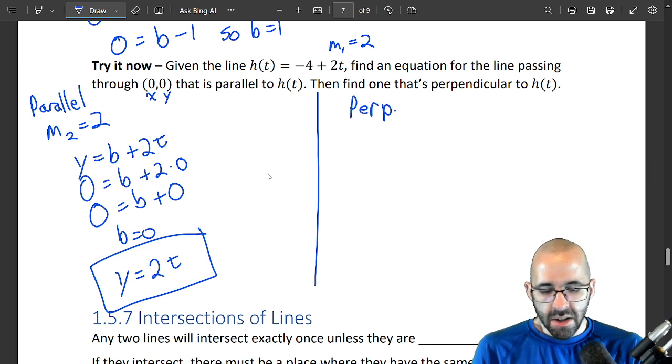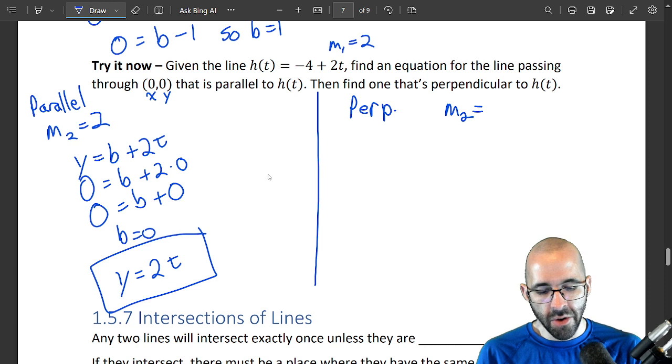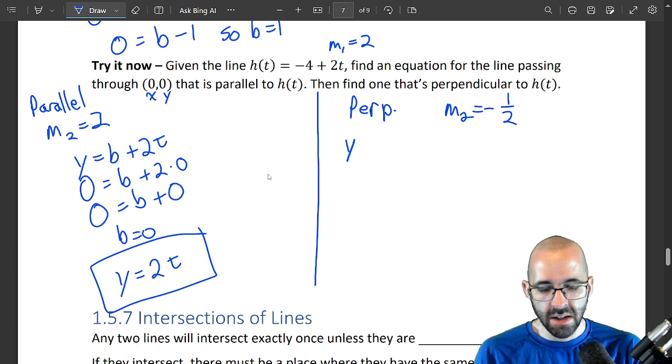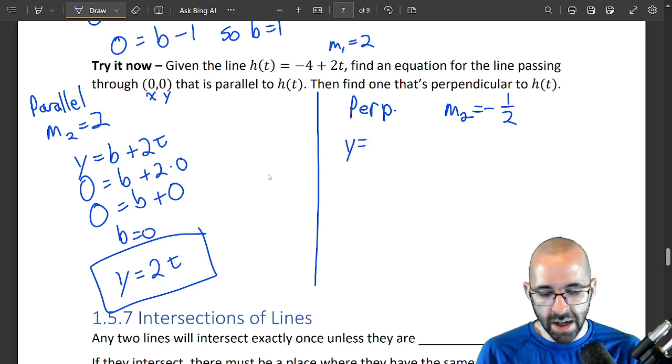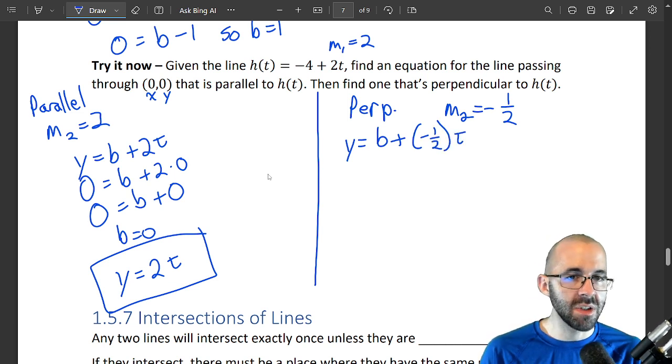For perpendicular, our second slope is going to be the negative reciprocal, or the opposite reciprocal. The reciprocal of 2 is 1/2. Opposite of that, add a negative sign. So we know our line must be y equals b plus our slope, negative 1/2, times our input variable, which is t.